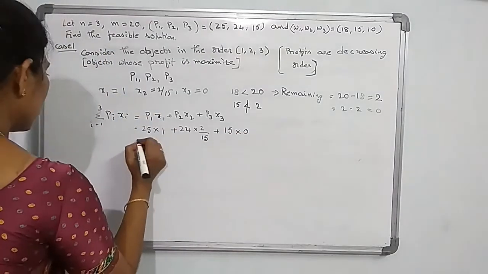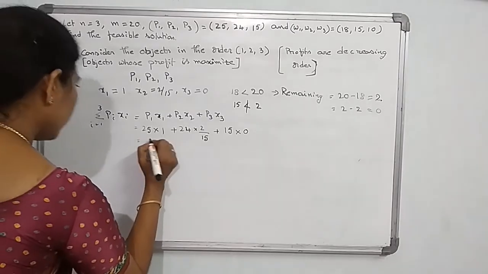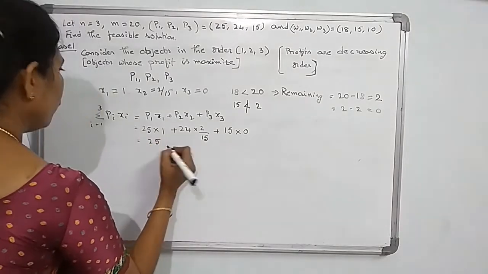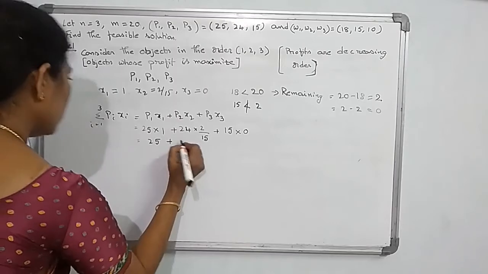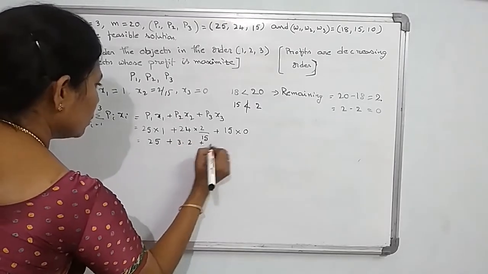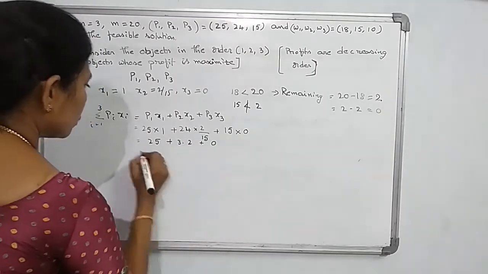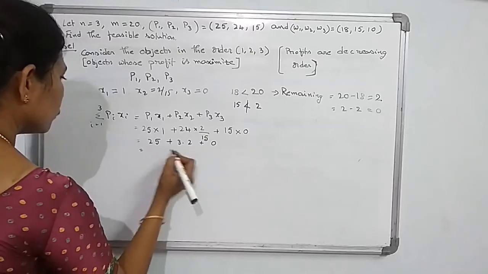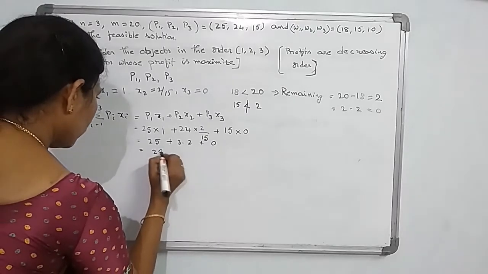So the values come under: 25 plus 3.2 plus 0. So this is equal to 28.2.